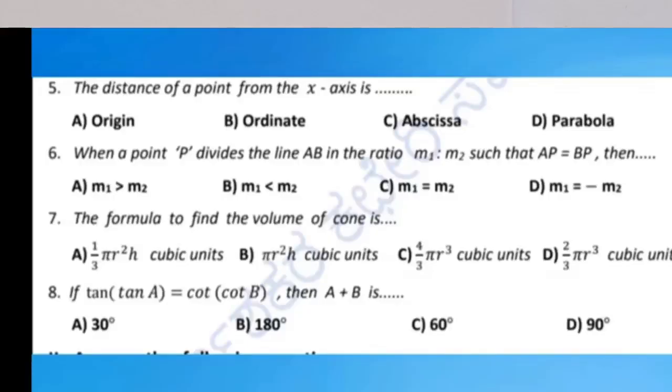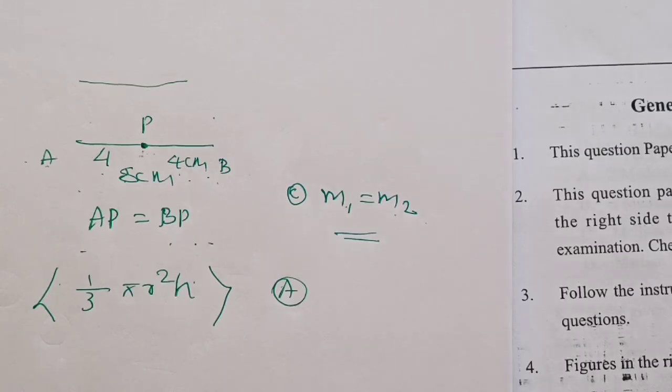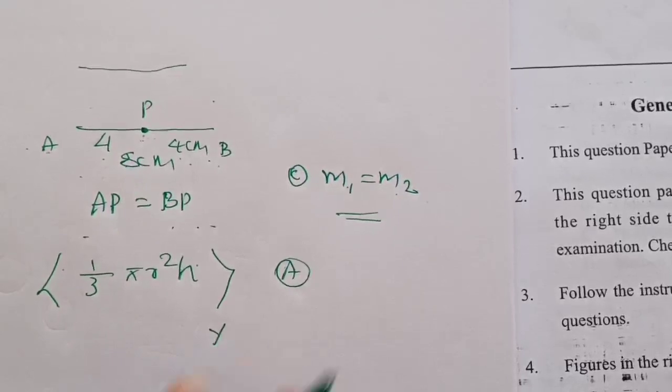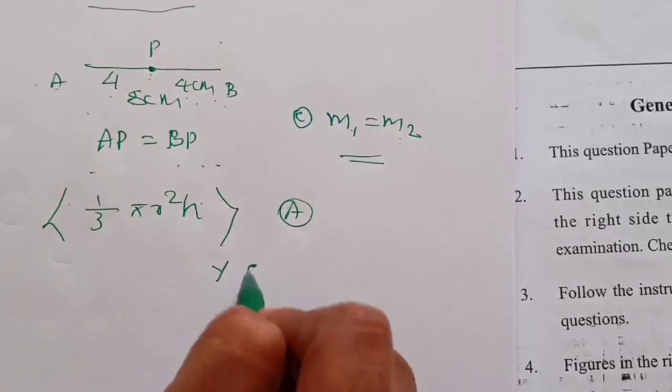The distance of a point from the x-axis. The distance of a point from the x-axis is called as what? Children, let me just say about this. If you listen carefully, you will be able to learn 2 topics here. So the distance from the x-axis is known as y coordinate. I will write here.